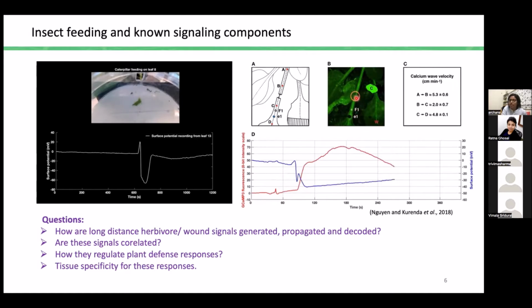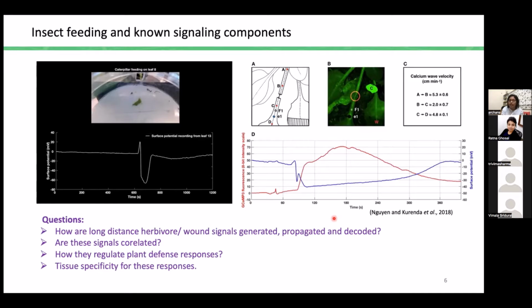Here we have measured that the cytosolic calcium increase and the depolarization of the membrane coincide with each other. So at this moment we cannot say which one is first and which is regulating this defense pathway, but we know that both exist.